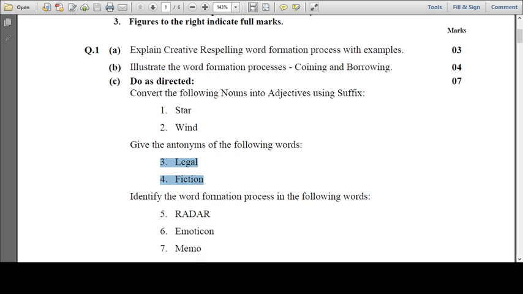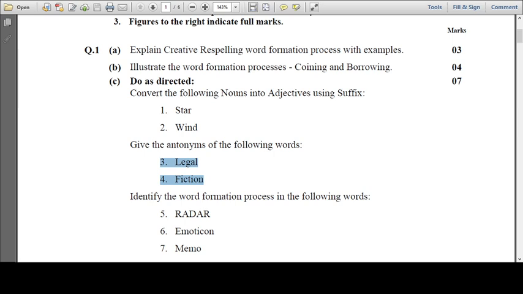Fact, no, the answer is wrong. Janvi, your answer is wrong. Fact will not be the answer. For illegal, Umang, Krupali, Ankit, Samir, Parthiv, Harshit Singh, Jai Kishan, all your answers are right.